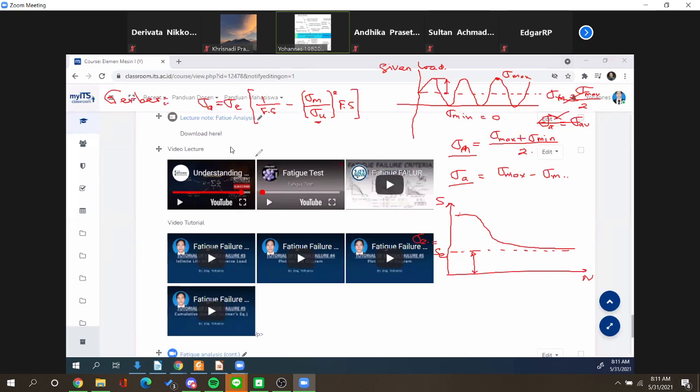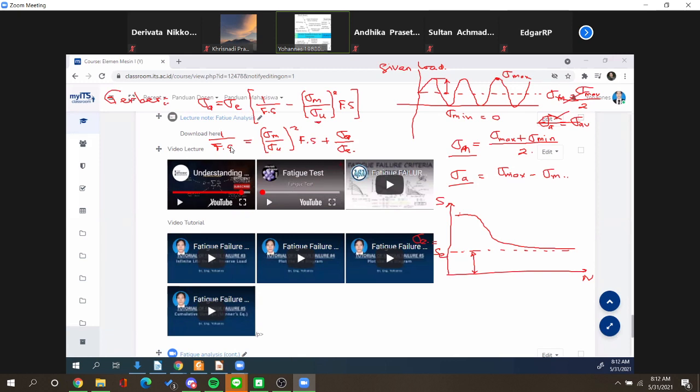Okay, so now for the safety factor here, we can write this equation. So this is sigma min, sigma ultimate, sigma amplitude over sigma endurance.